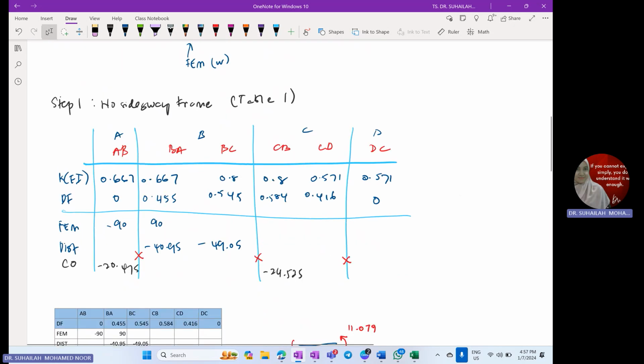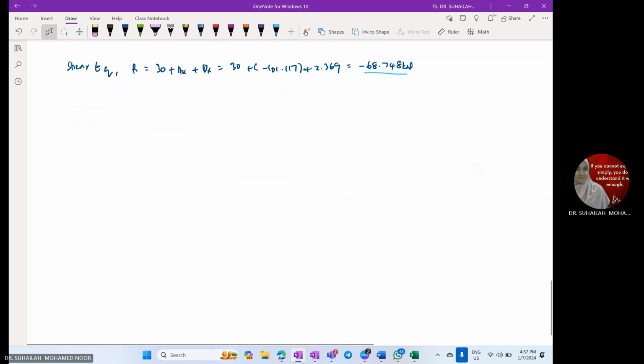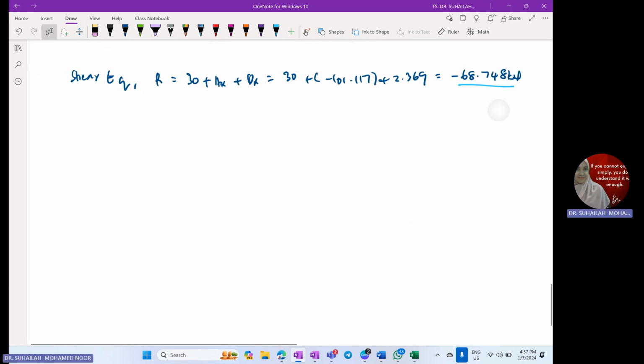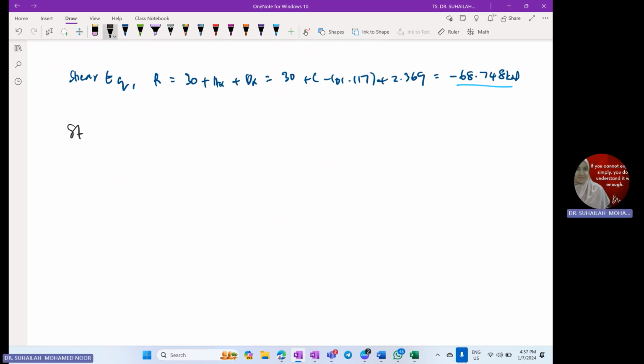So step number 2, for step number 2, it is side sway frame. Okay, this one we will continue in the next video.